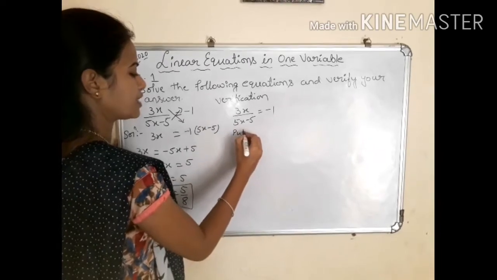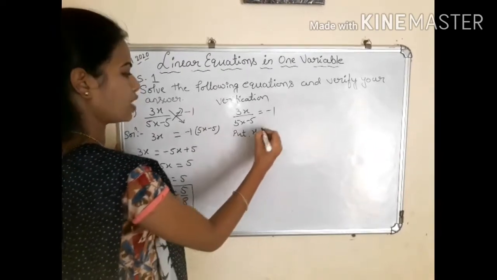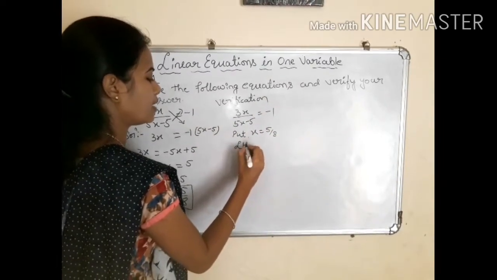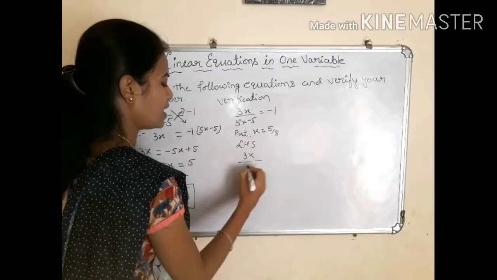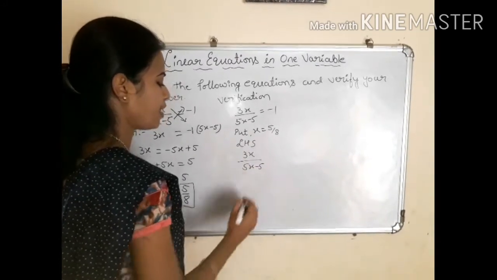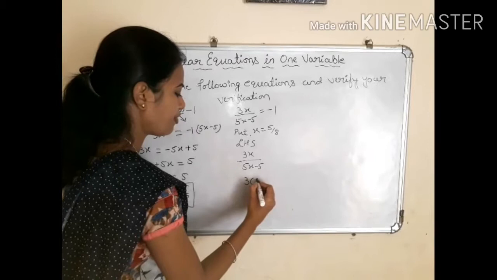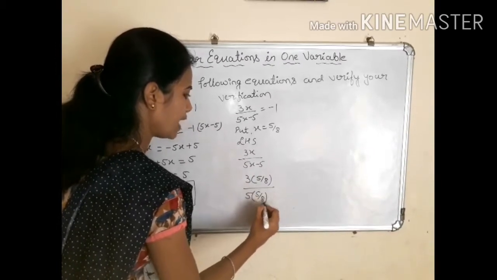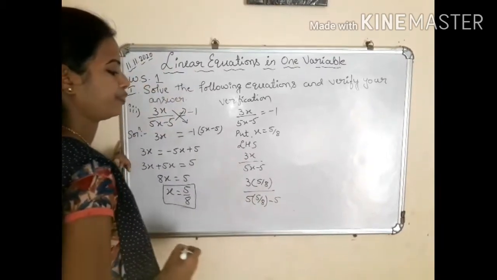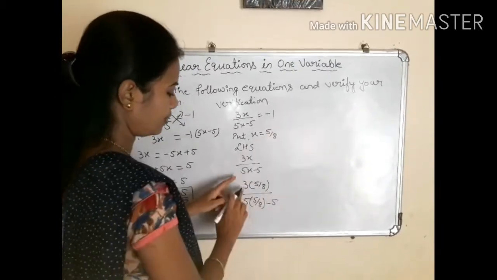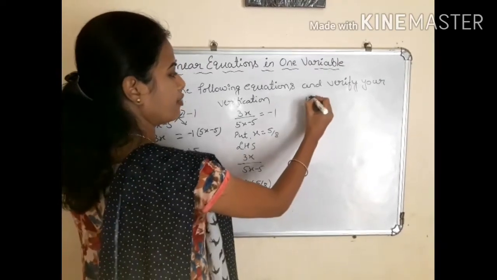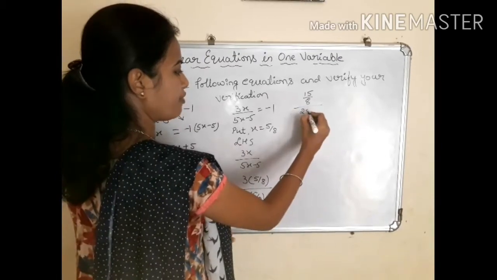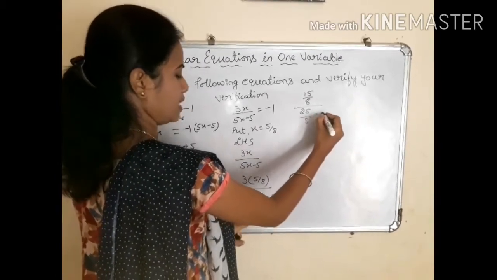Put x value. x value what we got here? 5 by 8 in the LHS part. 3x divided by (5x minus 5). 3, x value is 5 by 8, whole divided by 5 into 5 by 8 minus 5. 3 5s are 15. 15 by 8 whole divided by 5 5s are 25 by 8 minus 5, right as it is.